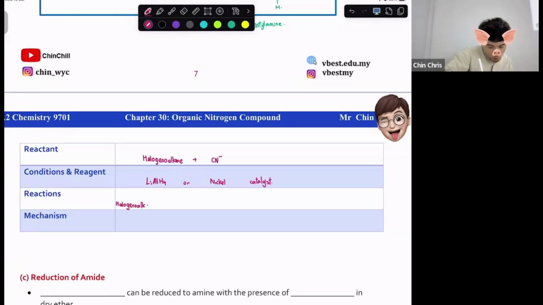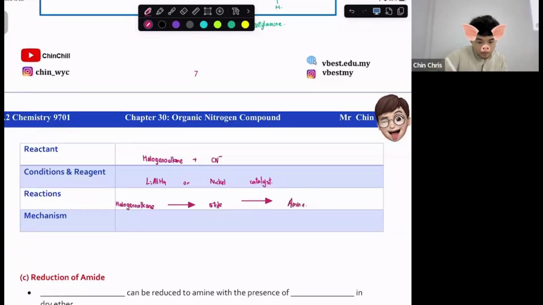So guys, from a halogenoalkane, you can turn it into a nitrile. Maybe you have another bromoalkane, but I never wrote it down; I just draw the organic product. So the halogenoalkane turns into a nitrile, then from the nitrile you can turn it into an amine.